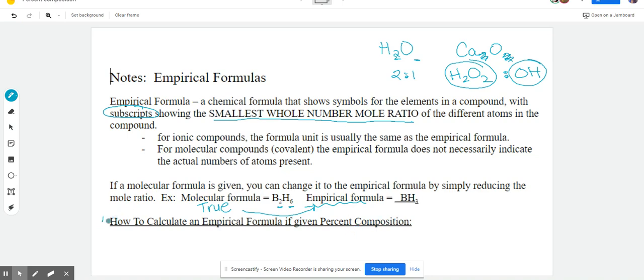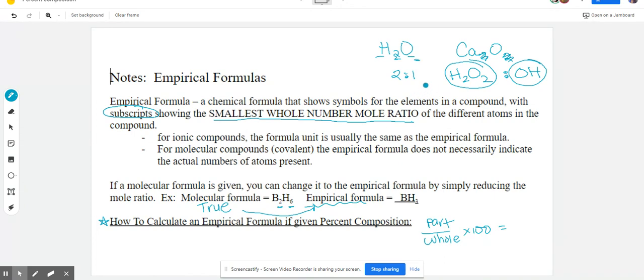So for today, our goal is, how are we going to get this empirical formula when we're dealing with percent compositions, which is what we've dealt with in the previous lesson, where we had part over whole times 100, and that gave us a percent of each piece, right? So I could get my percent of hydrogen, or I could get my percent of oxygen. So how do I take those percents, if that's what I'm given?